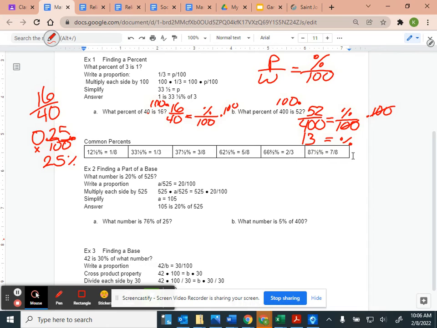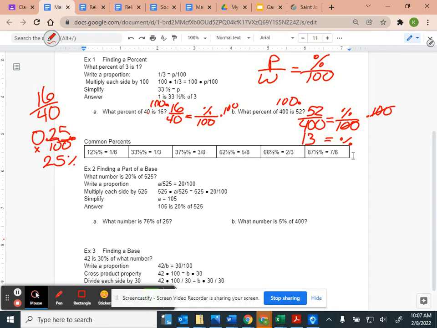Okay, there are some common percentages that we should know that go with our fractions. 12.5% would be 1/8. 33 1/3% is 1/3. 37.5% is 3/8. 62.5% is 5/8. 66 2/3% is 2/3. 87.5% is 7/8.